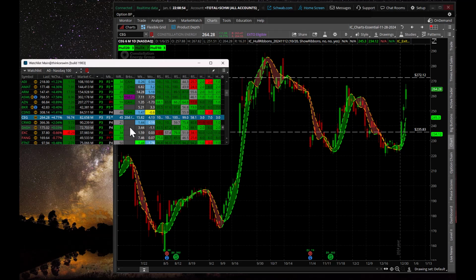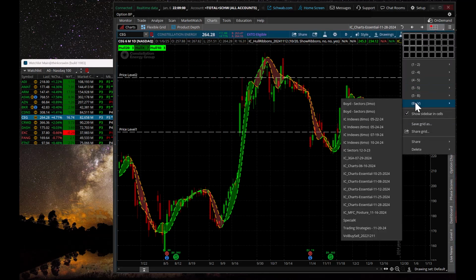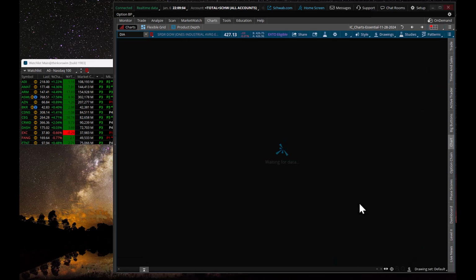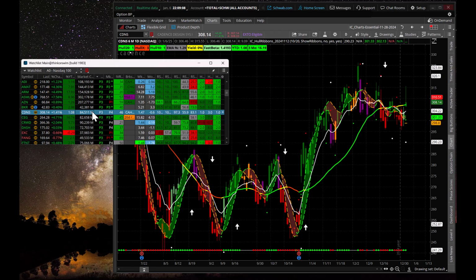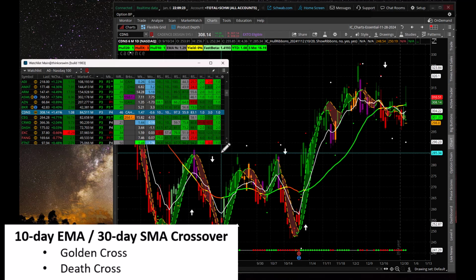I wanted to take the time to put this chart back to its default settings for essential grids for this particular guide to show you some additional things. The other thing from a timing perspective that I like to look at are crossovers, the 10-day exponential cross of the 30-day simple moving average.